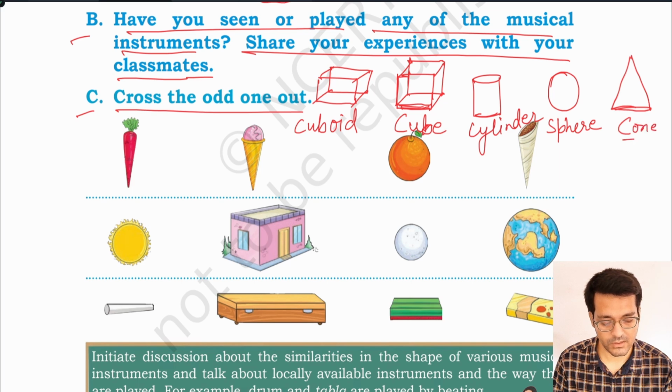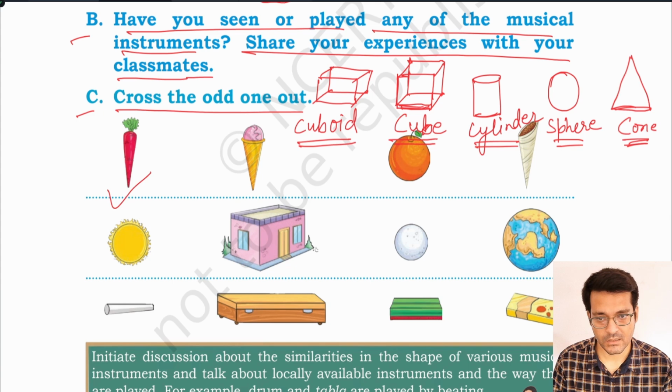Then you have to remember the shapes of cuboid, cube, cylinder, sphere, and cone. This carrot is cone shaped. This ice cream is cone shaped. This paper cone is cone shaped.